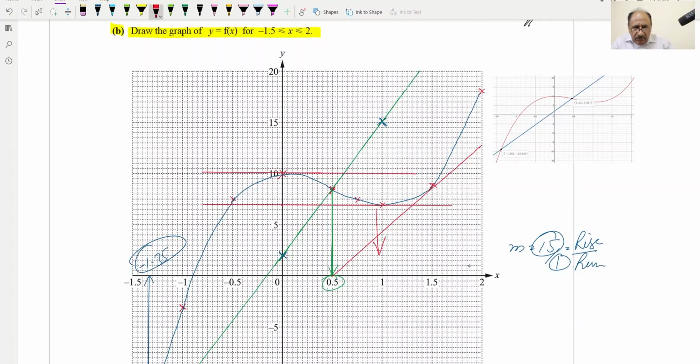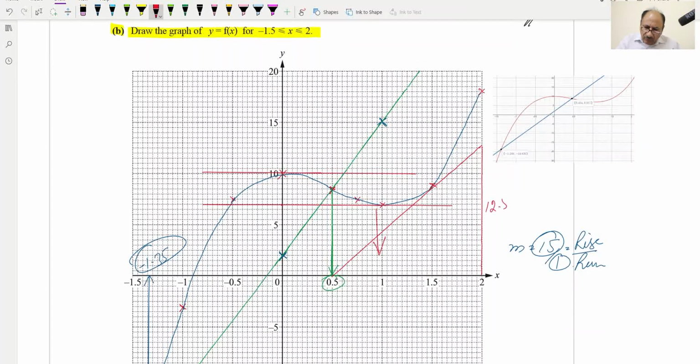The triangle will be like, from here we can take the point, so it will be 10, and we can draw the triangle, and this side will be rise, which is 10, 11, 12, and 12.5.